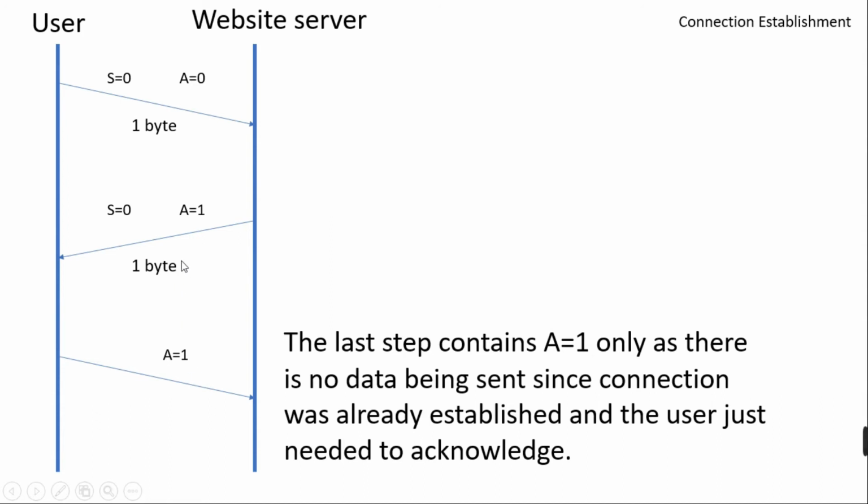You can see that in the previous step from server to user, the 0 numbered byte was sent from server to user, and only 1 byte of data was sent, right? Since that 0 numbered byte was already sent from server to user, the user will expect that the next byte it gets from the server should have a sequence number of 1.